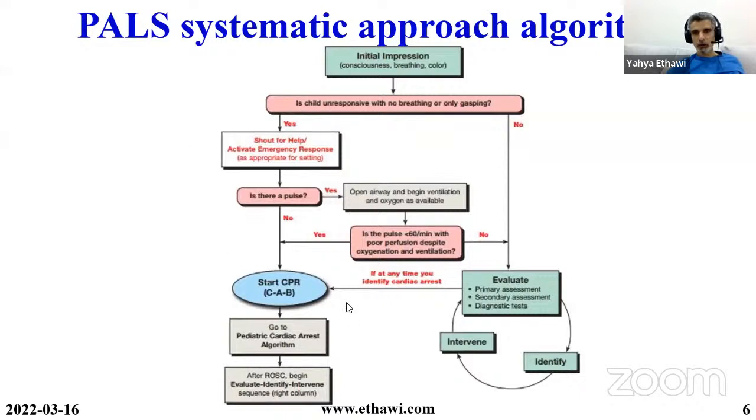Then you go with the algorithm: you evaluate, identify, and intervene, then evaluate, identify, and intervene again. If the child is unresponsive, with or without gasping, you need help. Once you ask for help, you assess whether the baby has a pulse or not, and we need to define what with pulse and without pulse mean. Then you decide whether to do CPR or do the evaluation, identification, and intervention.